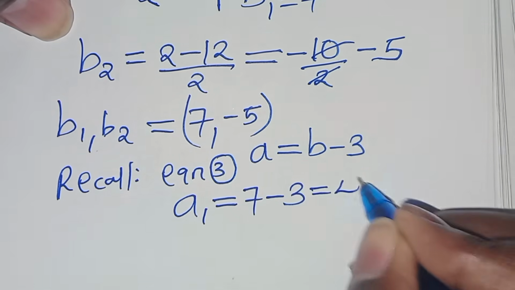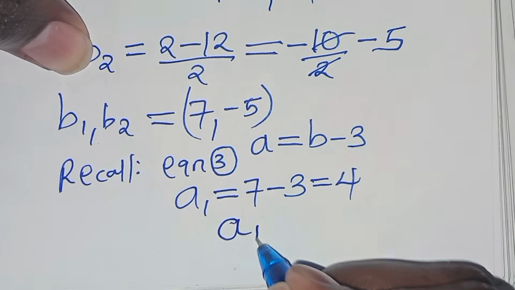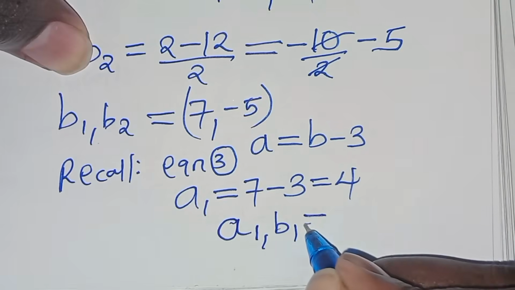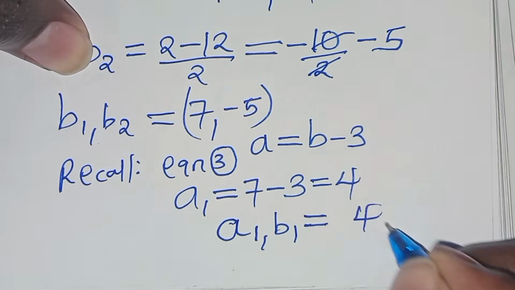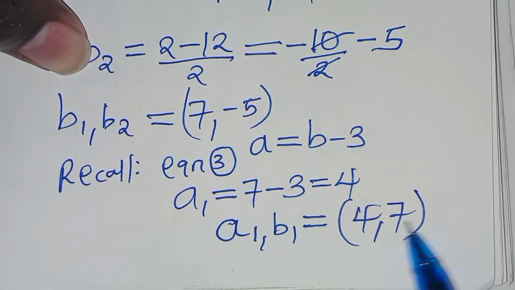So this is equal to 4. So this implies that the first set of solution, A1, B1, is equal to 4, 7. This is the first set of solution that we have.